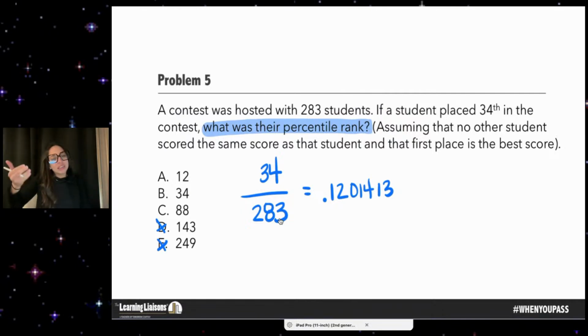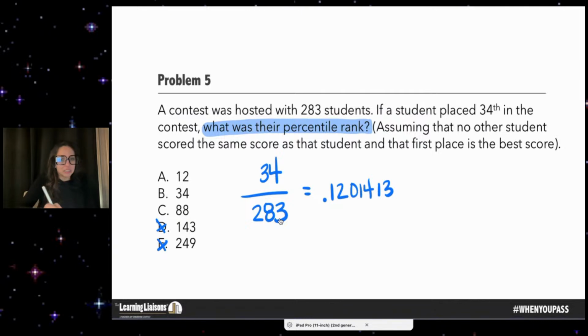But what that really tells us is, if I flip it, because percentile ranking says how many students scored under you or how many students scored below you. If you're 34th out of 283, you scored higher than a lot of students, right? Well, what percent of students scored higher or lower?